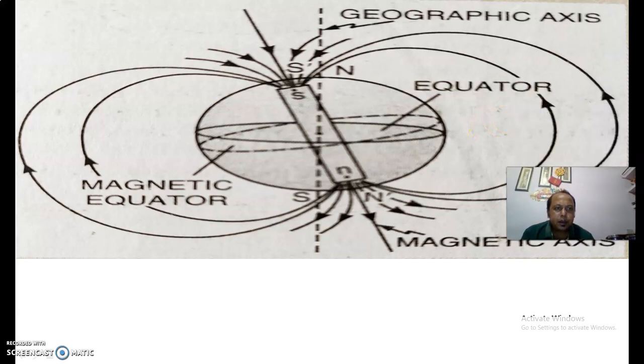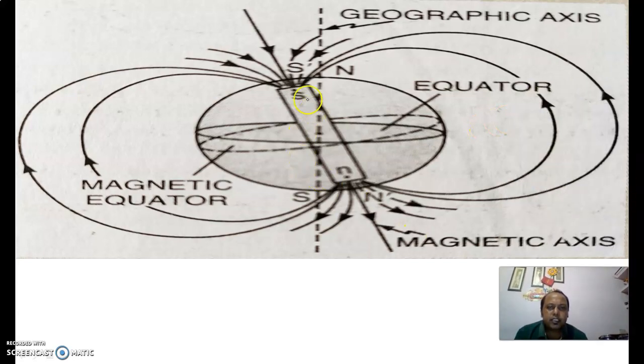See, here we consider the Earth, which has a north pole, shown by N here, which is called the geographical north, and a south pole, that is the geographical south, given by S here.